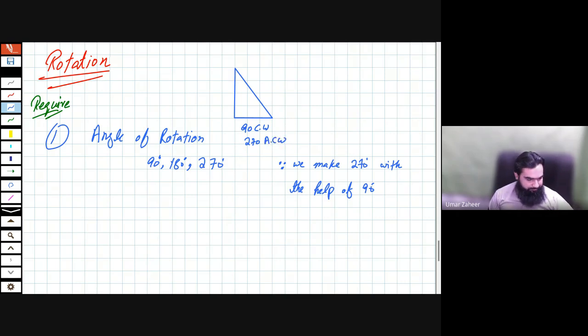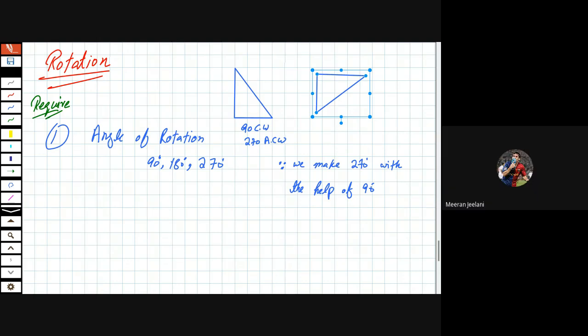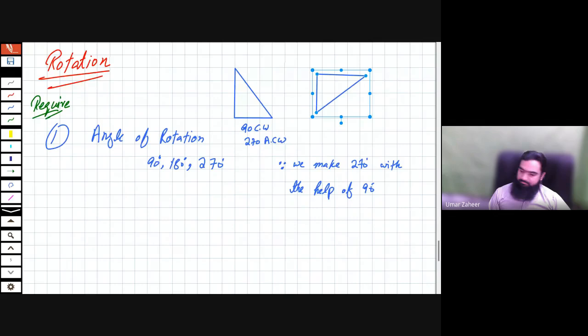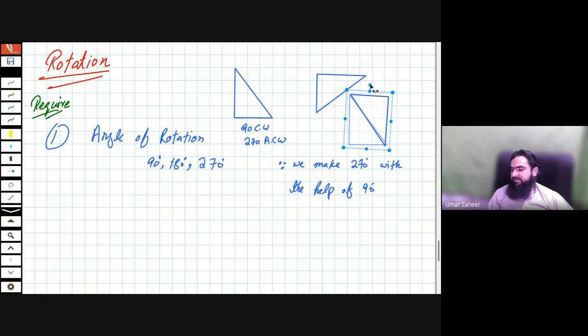Let's see. He says 90 degree clockwise. So this will be 90 degree clockwise. Is it clear? Yes, sir. In the same way, you have 270 degree clockwise, 90 degree anti-clockwise, 180 degree anti-clockwise, 270 anti-clockwise.